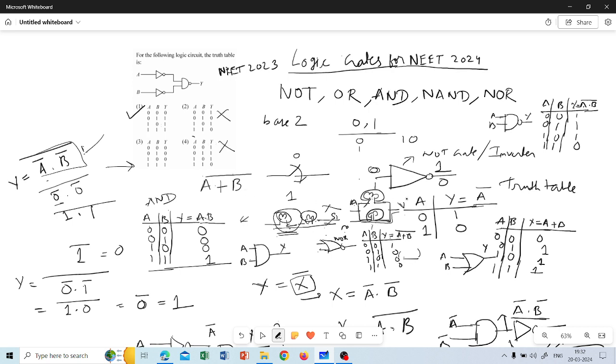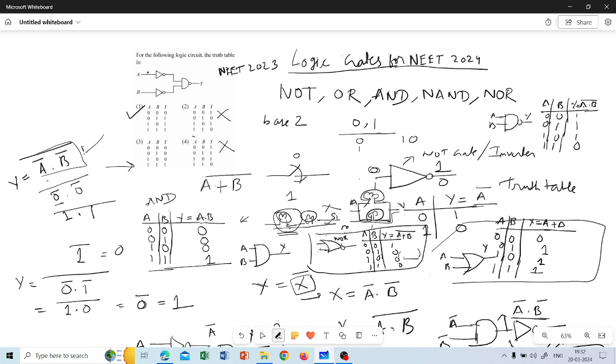You can check that this truth table is equivalent to the NOR gate truth table. Sorry, this is not a NOR gate, this is an OR gate. Where is the OR gate? Yeah. So this is an OR gate. The truth table is of an OR gate. You can compare with the truth table of an OR gate.